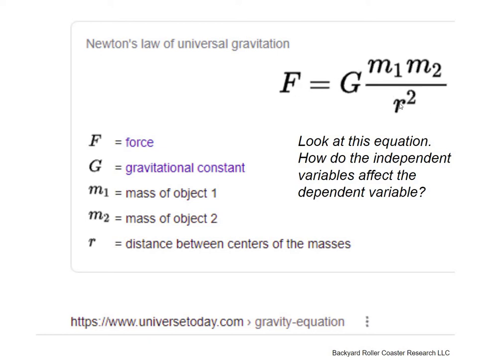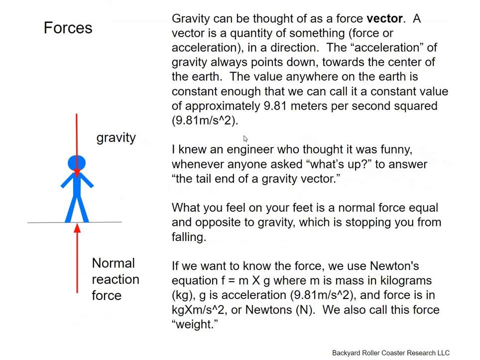So if you get far away from the Earth, then this is a real small number. Okay. This changes. If you go in a mine down into the Earth, this equation changes. Because at the center of the Earth, this number would be 0, and so you wouldn't weigh anything at the center of the Earth, if it was possible to go to the center of the Earth, which it's not. It's too hot. Anyway, that's Newton's law of universal gravitation.